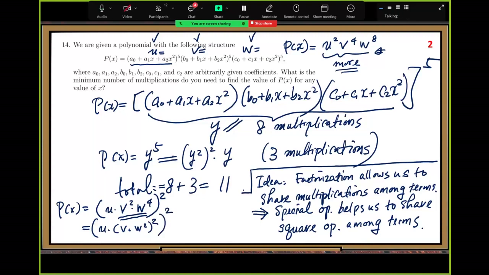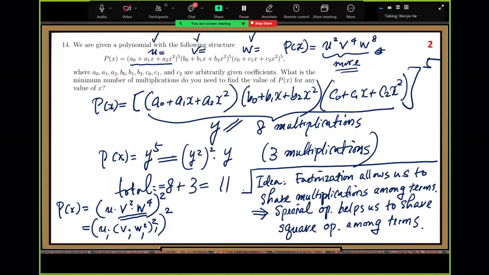Now, when you count, 1 multiplication here, W squared times V, second one, then square, third one, fourth, then fifth. Is it too many?